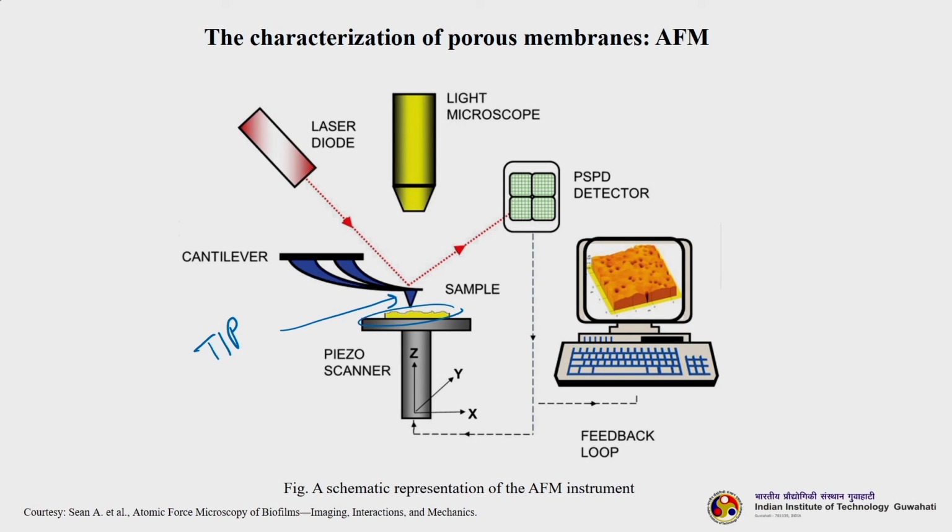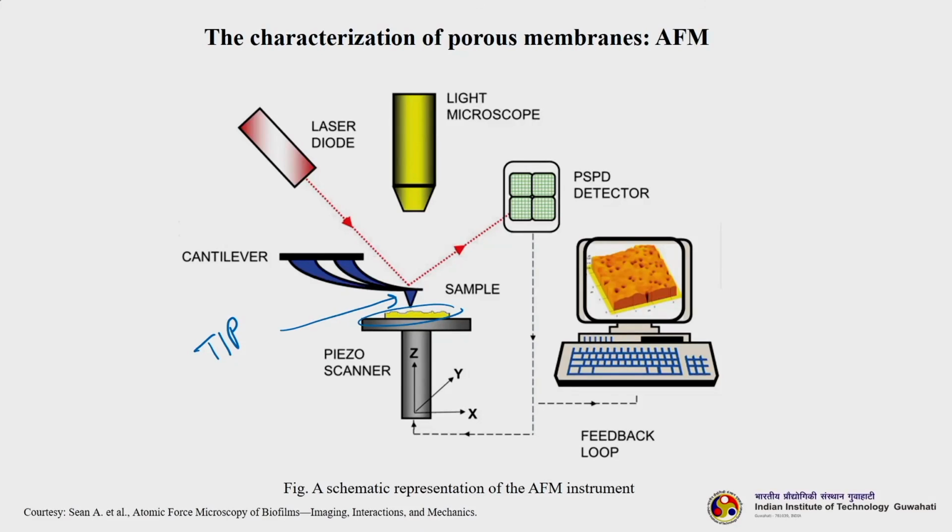Then the types of forces that get generated by virtue of this scanning are detected using a PSPD detector. There can be different types of detectors, and finally this detector amplifies and does many other processing steps, and then it results in an image which will look something like this.